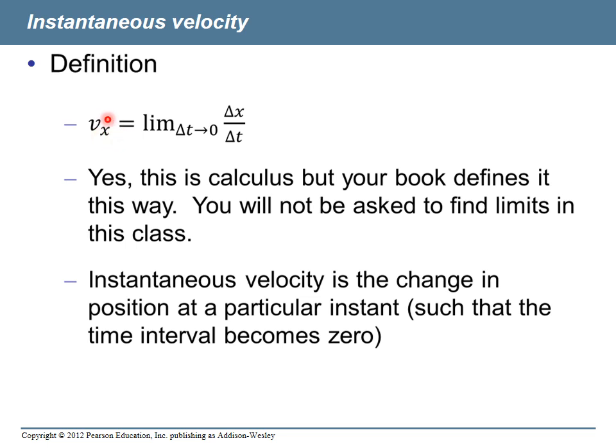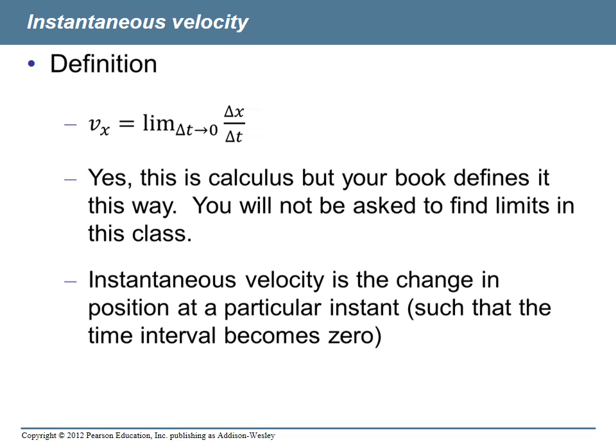So this is the instantaneous velocity right here in the x direction. The x denotes the direction, and it equals the limit as delta t goes to 0 of the change in position with time. This is the definition we had from the average velocity.